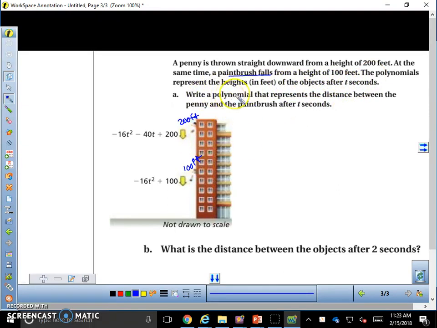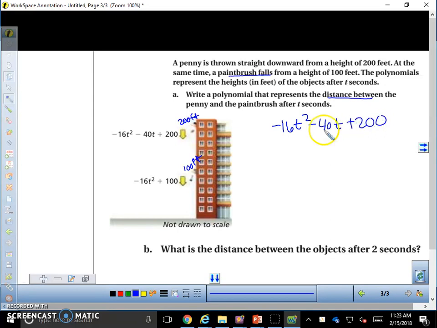Write a polynomial that represents the distance between the penny and the paintbrush, so that's a difference. So we'll subtract them. I'm going to stack negative 16t squared minus 40t plus 200 minus negative 16t squared plus 100. There's no t, so again, I'm just adding that 0 in there so I have my like terms all stacked together. Okay.